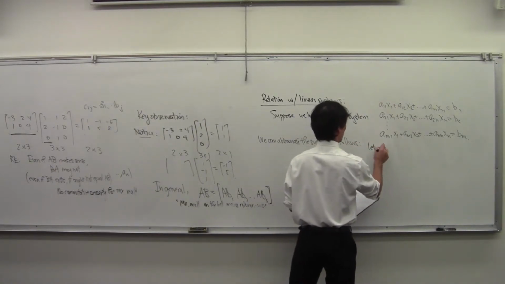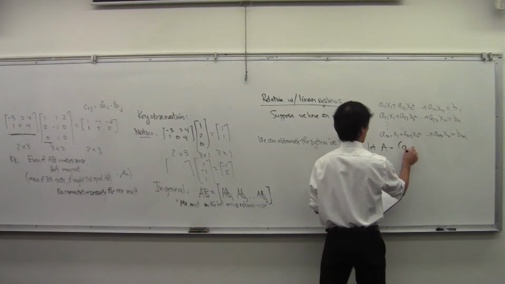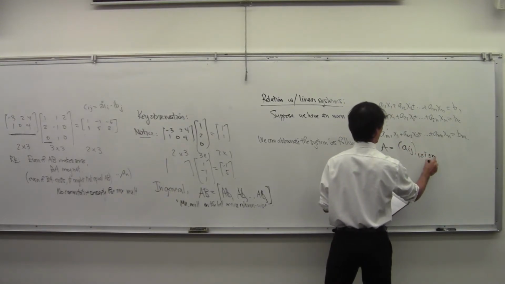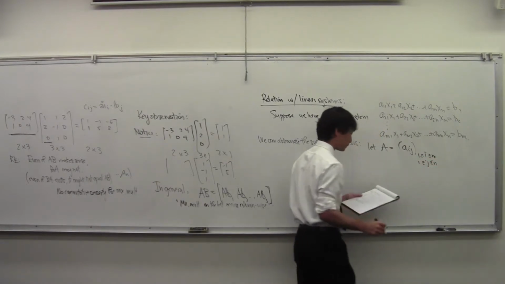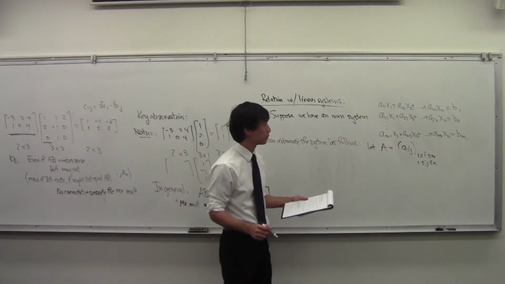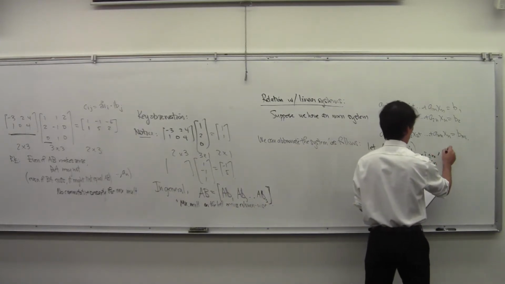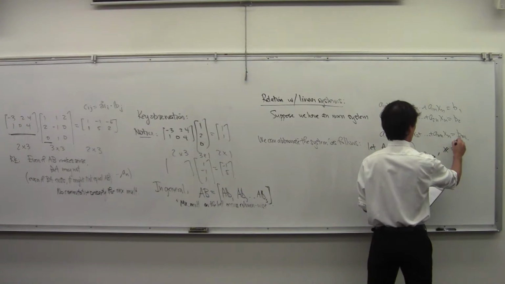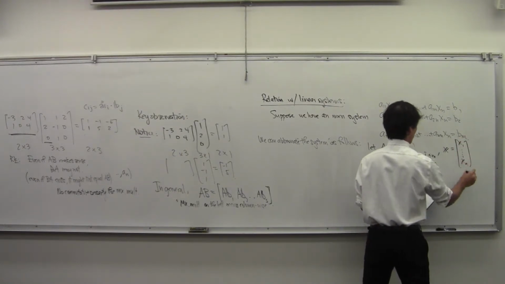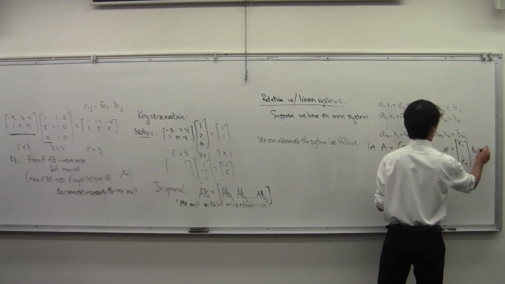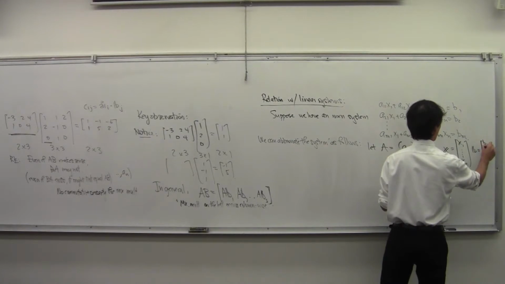Let A be the matrix Aij, where i ranges from 1 to m, j from 1 to n. Let the vector x be x1 through xn. And let the column vector b be the constants b1 through bm.